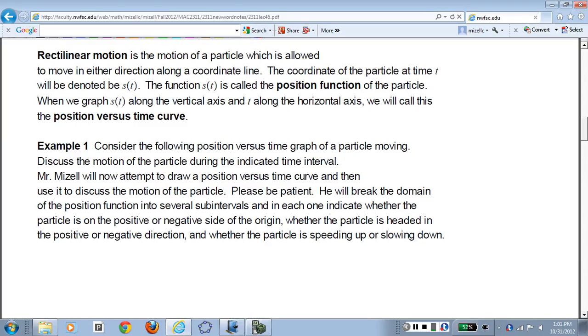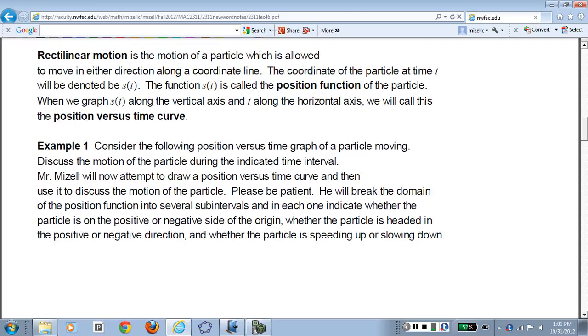Ultimately we need to know something about the sign of the acceleration, but we put that together with the sign of the velocity and it'll tell us whether the particle is speeding up or slowing down.